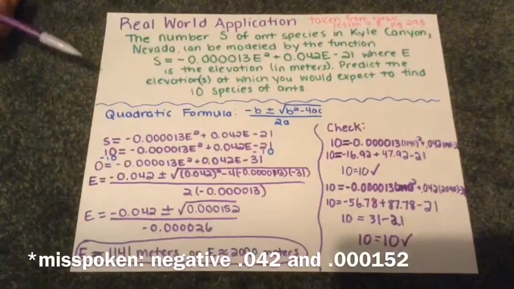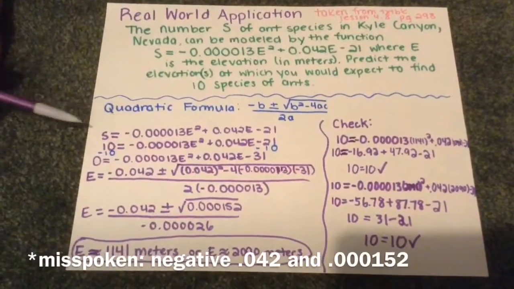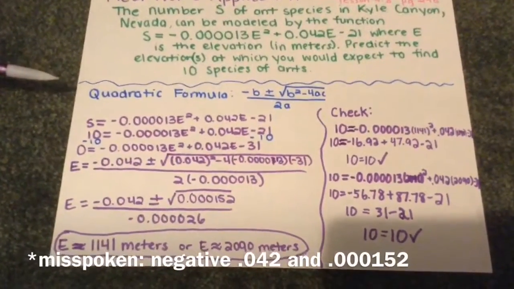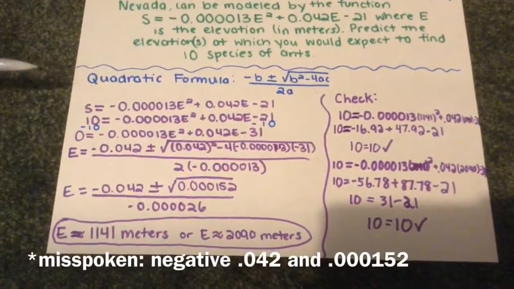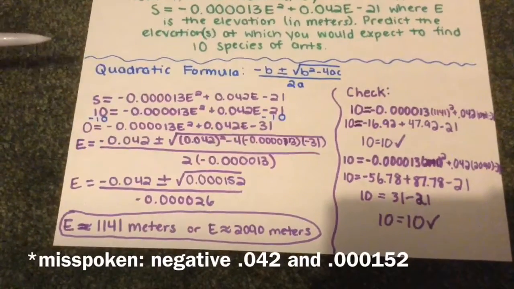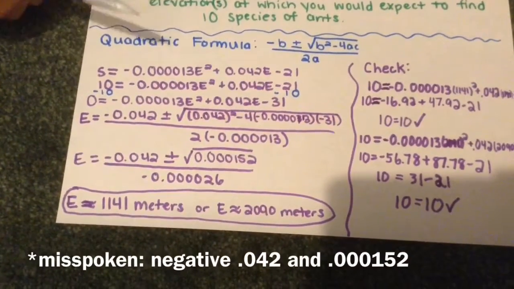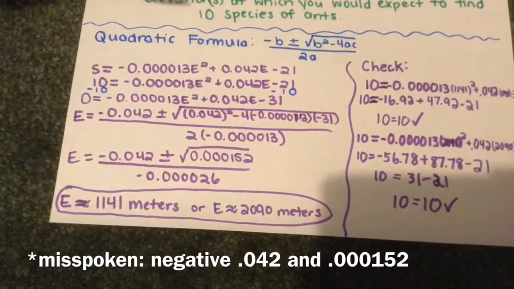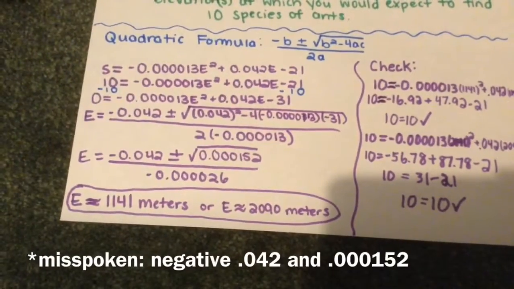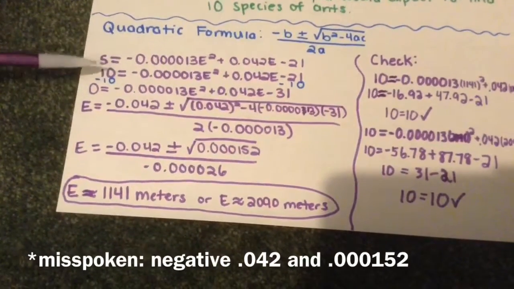So they already give us the equation s equals negative 0.000013 e squared plus 0.042 e minus 21. It's asking to find the elevation when there are 10 species of ants. So you would replace the s with 10.